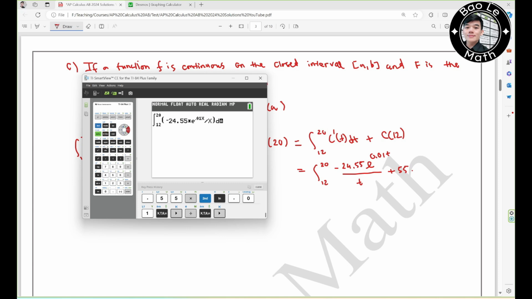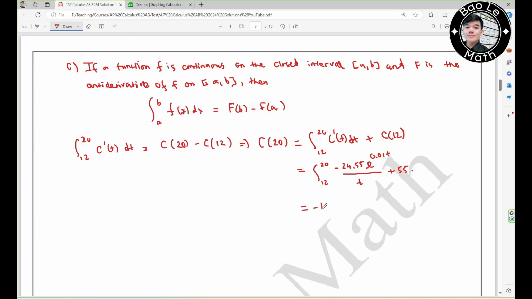This is dx. Enter. It's going to be negative 14.6708. So negative 14.6708 plus 55.